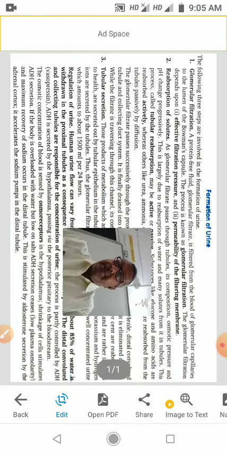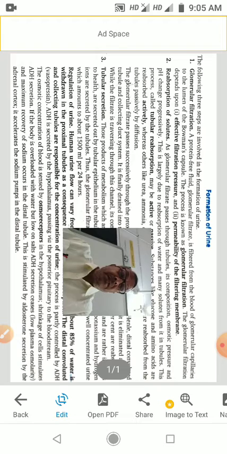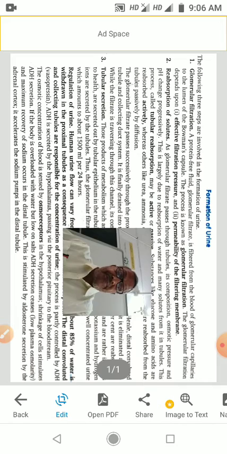Second step of the formation of urine is reabsorption of solutes. Glomerular filtrate contains many useful substances, so those useful substances are reabsorbed. So there is reabsorption of water and many solutes from the tubule. The reabsorption occurs by active and passive processes.